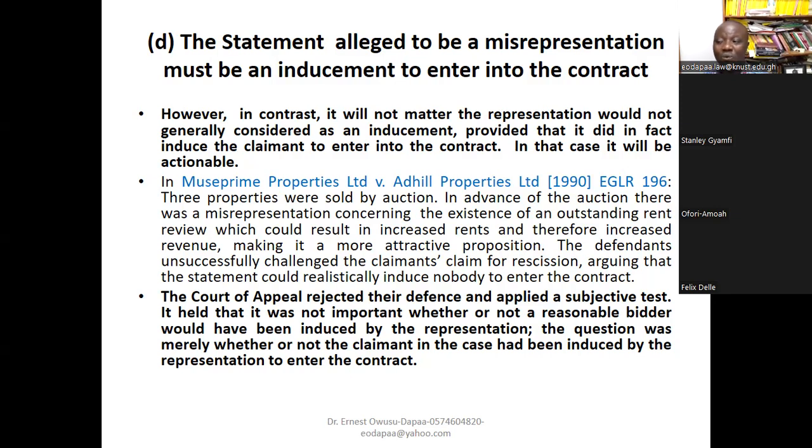What is important is whether, in the circumstances of the particular case we have on hand, there is evidence that the person was in fact induced. If there's evidence that the representee was in fact induced, then it does not matter that some other reasonable people wouldn't have been induced by such a representation. So that is the point the court is making.